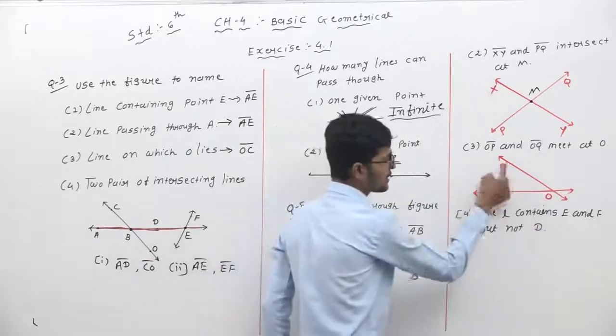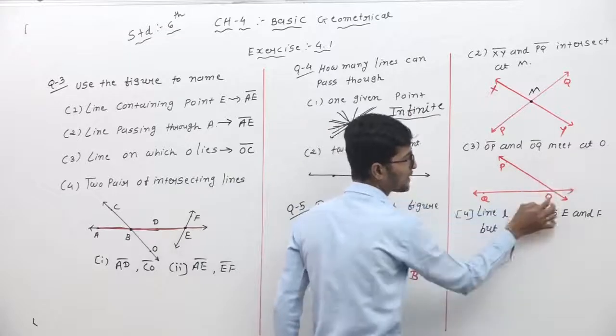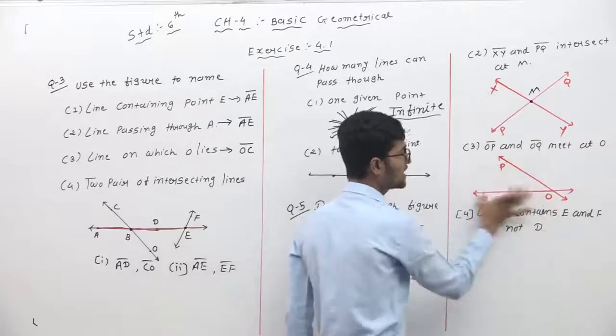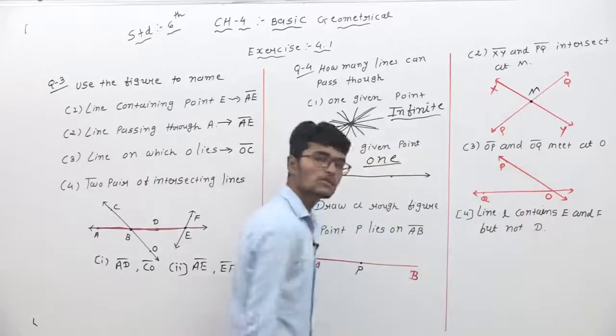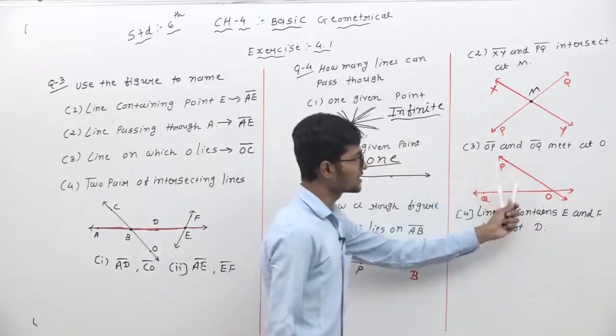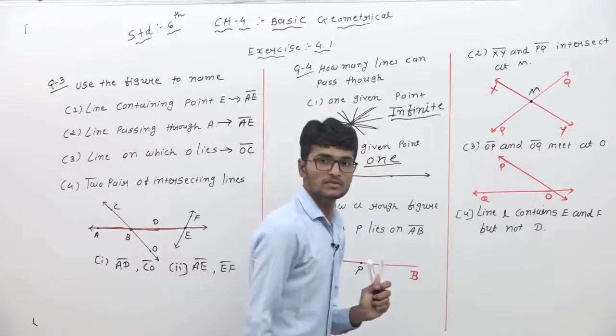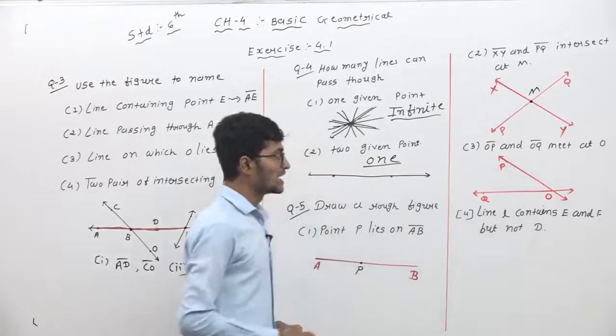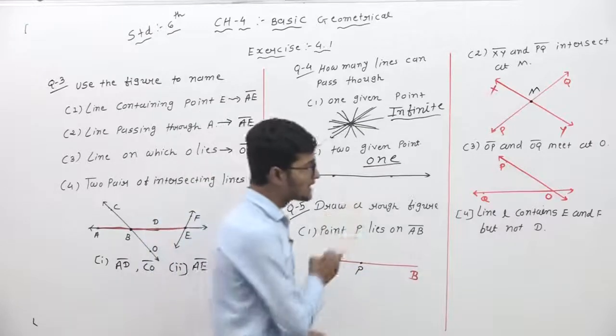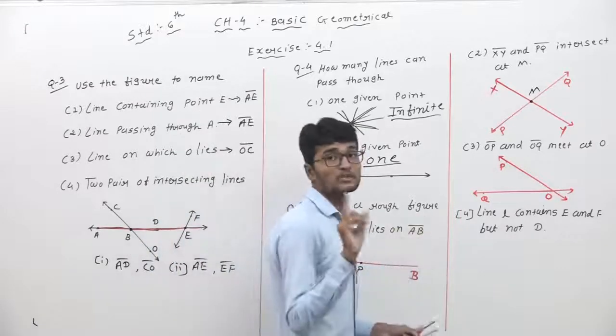So this is OP and this is OQ, with O as the common point. OP and OQ meet, meaning they intersect at O. So this is my third question's figure.